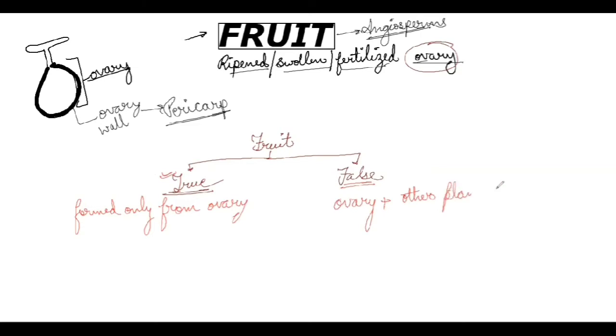It can be a part of the flower itself, or the complete inflorescence can also be present over there. So we have some examples like apple, then we have strawberry, and we have cashew.